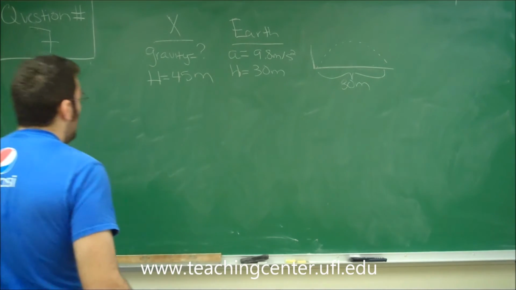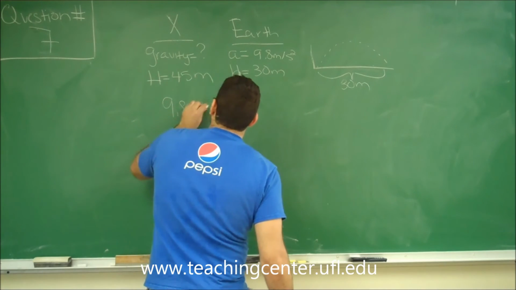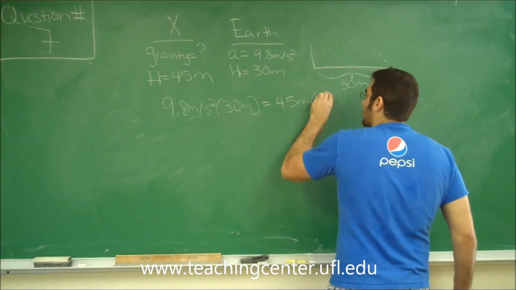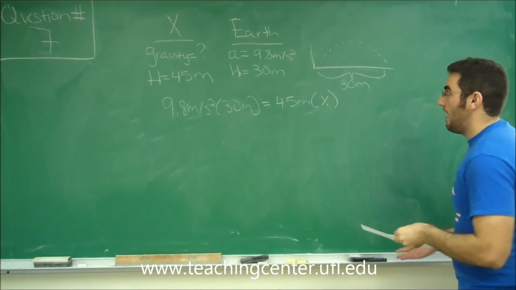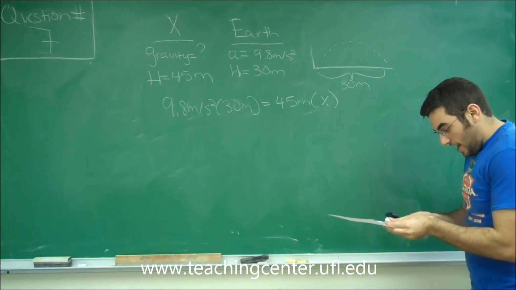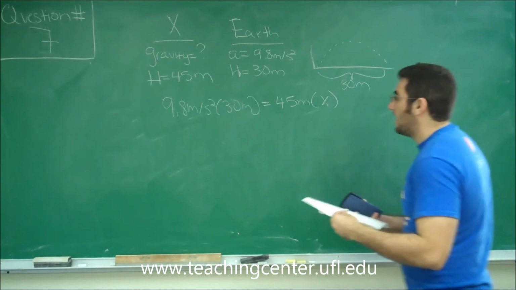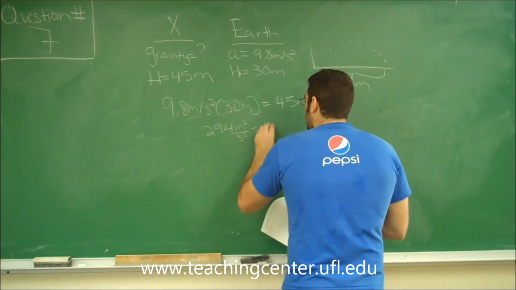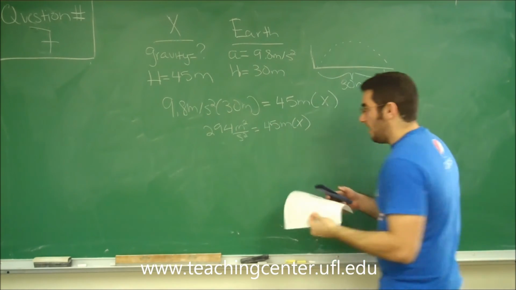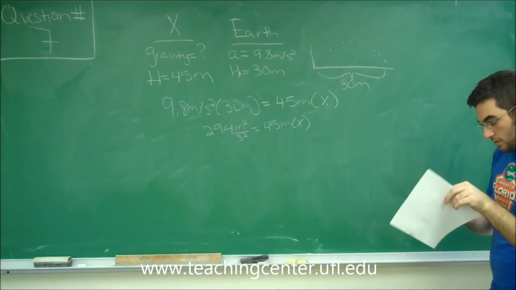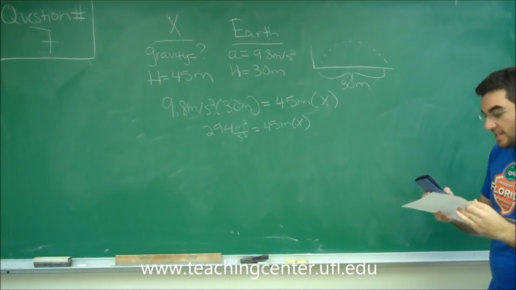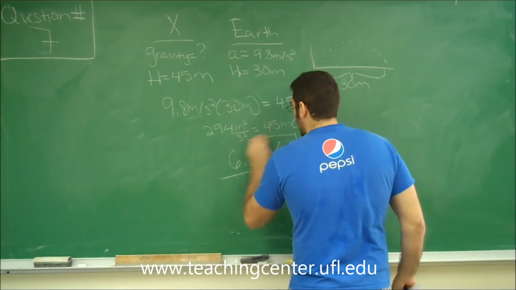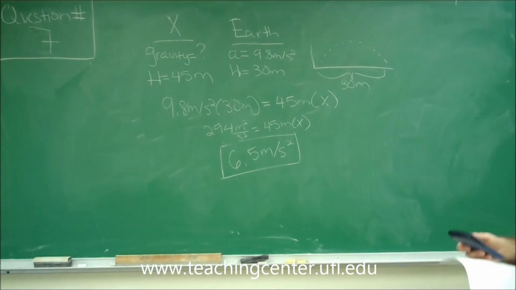And what I did is I went ahead and I said 9.8 meters per second squared times 30 meters is equal to 45 meters times x, where x ends up being your gravity for planet X. So if we type 9.8 times 30 equals 294, and then we go ahead and divide it by 45 meters, we get 6.5 meters per second squared, which is answer choice number 1 for question 7.